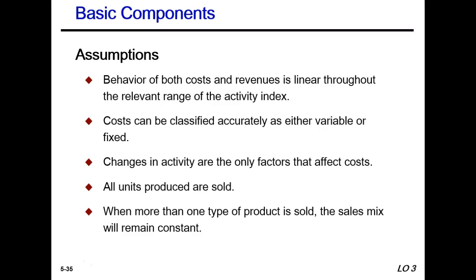Now we're going to assume things. Assumptions: behavior of both costs and revenues is linear throughout the relevant range. Costs can be classified accurately as either variable or fixed. Changes in activity are the only factors that affect cost. All units produced are sold, and when more than one type of product is sold, the sales mix will remain constant. Okay, guys, these are a lot of assumptions. You know what they say assumptions are?